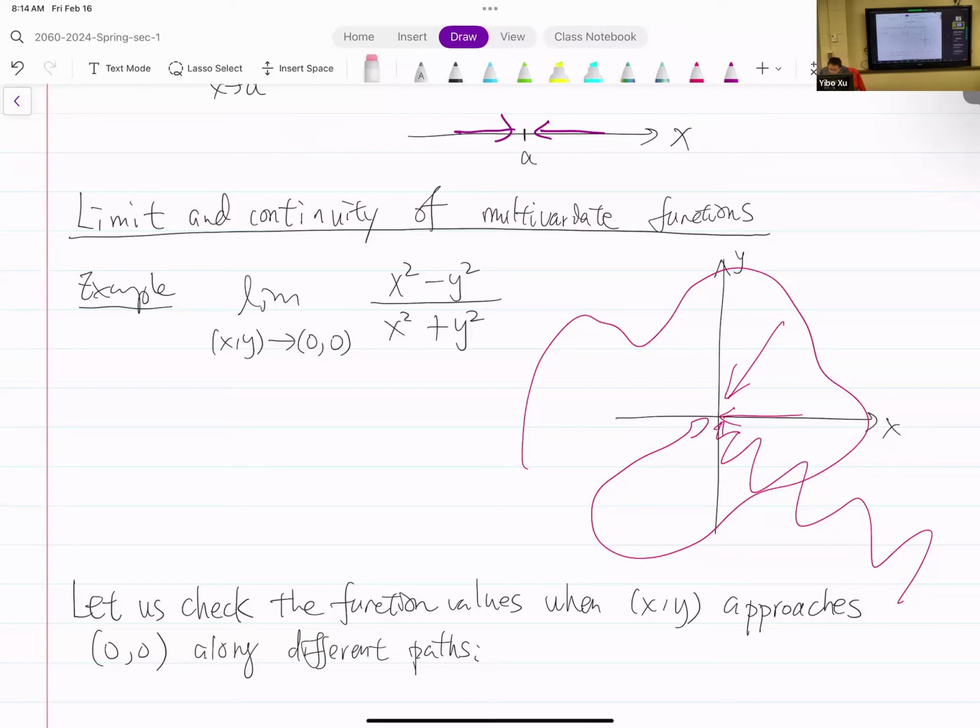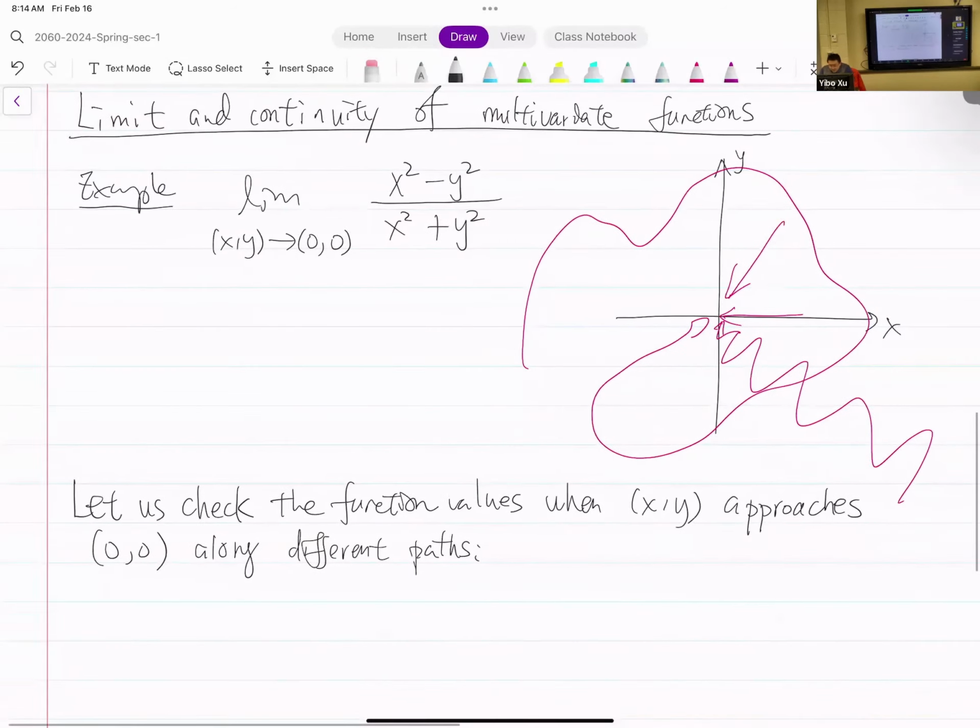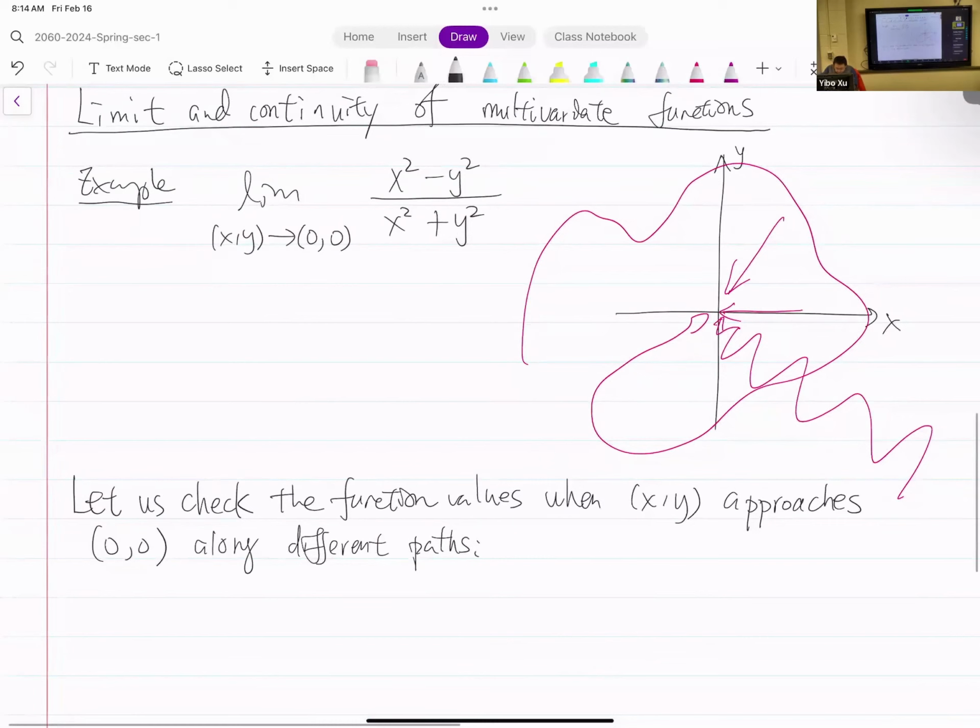And of course, if one limit along a certain direction does not agree with the limits along another direction, then definitely that function is not continuous. That limit does not exist, right? So the point here is that there could be many different kinds of directions. So it's kind of problematic.